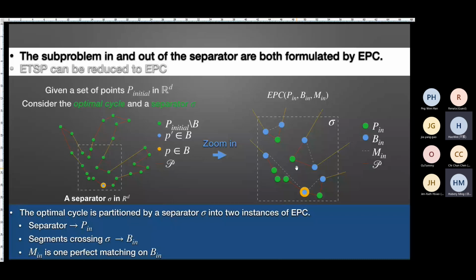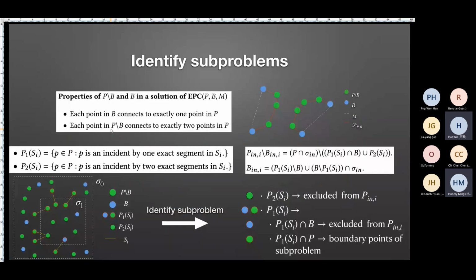So with this identification, if we have an instance of EPC and a separator, we could create the subproblems inside and outside of the separator. Here we give a more formal definition of the identification of the subproblem, and I think we should just discuss the idea of this.